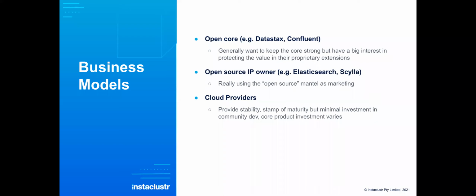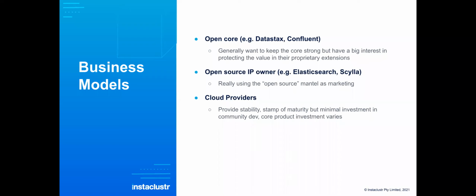The thing to keep in mind with those kinds of companies is that they can invest a lot in the core of the software, but at the same time, they need to be creating their own proprietary extensions, keeping enough value in those extensions that they can justify the license fees they're charging.